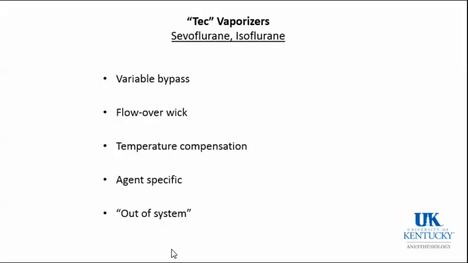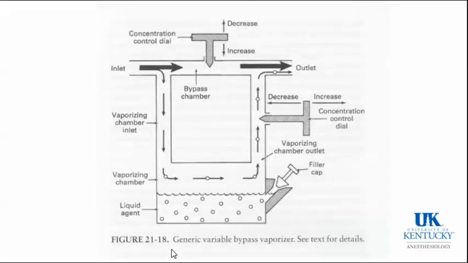The ones for sevoflurane and isoflurane are described on this slide. Basically, you have fresh gas flow coming in, and the concentration knob affects the resistance in this circuit and therefore determines how much gas comes down into the vaporizing chamber. The vaporizing chamber, as I mentioned, contains the concentration that we just described.